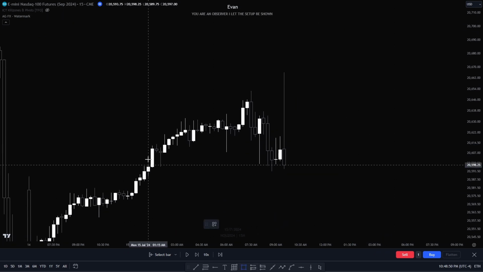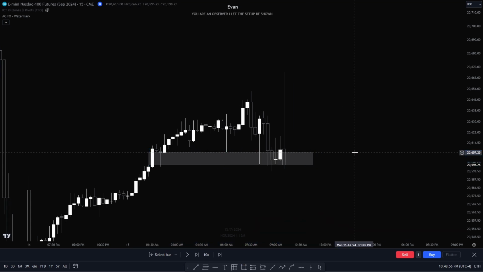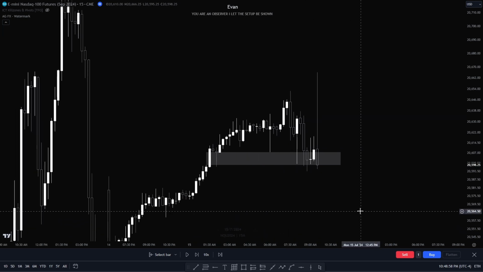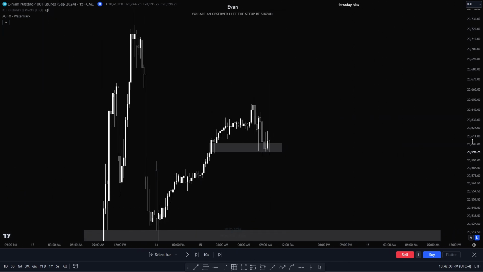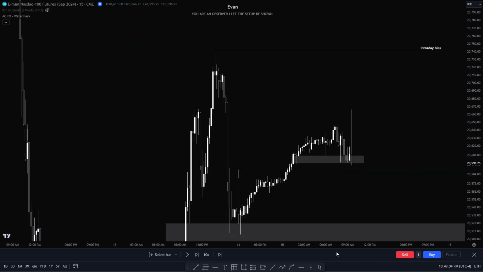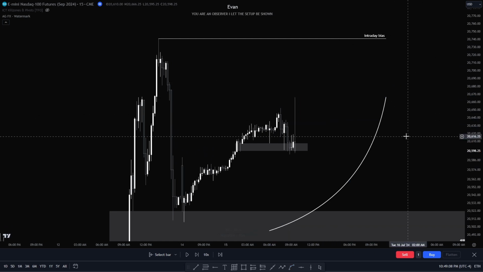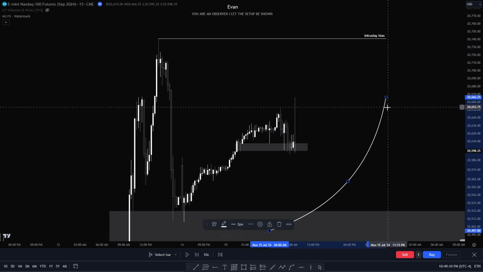Okay, so after identifying our external model, now this becomes our internal model right here. We expect price to go up to this intraday bias, this level right here.